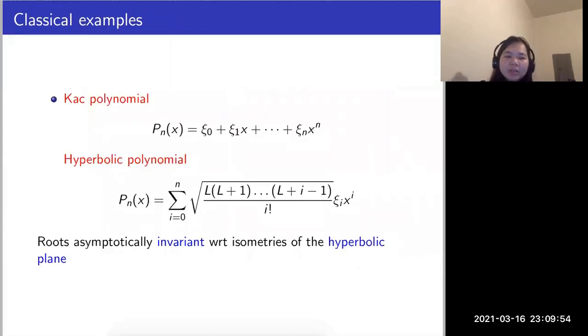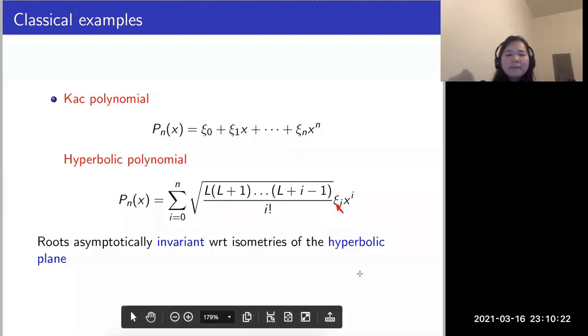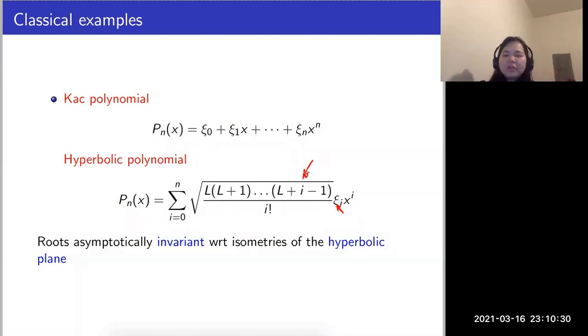And here are some classical examples of random polynomials. This is the classical Kac polynomial. It's just a random polynomial where the coefficients c_i are random variables. And a more generalized version of the Kac polynomial is known as the hyperbolic polynomial. So here are the c_i. In our talk, we always assume that these have mean 0 and variance 1, and think about these as the variance of the original distribution.